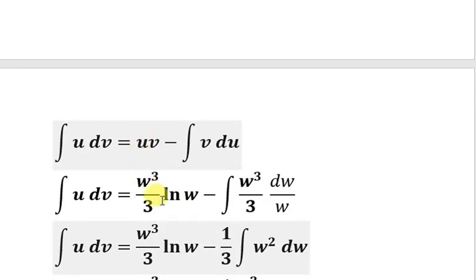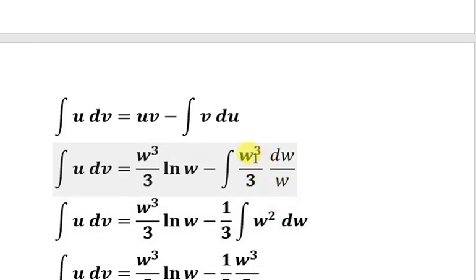So u giving us ln w, v giving us w cubed over 3, and then minus the integral of v, which is w cubed over 3, times du, which we had to be dw over w.